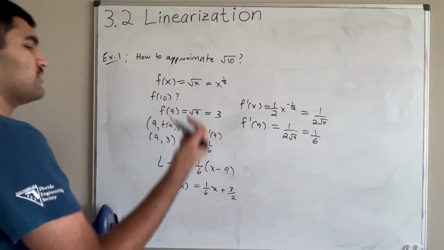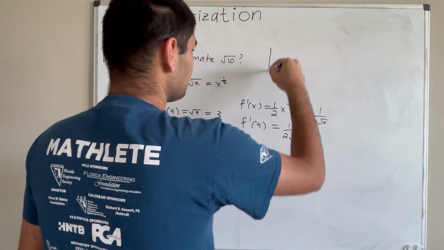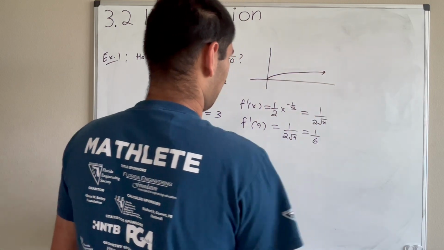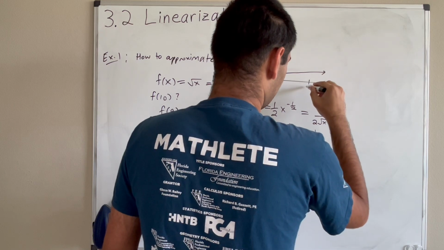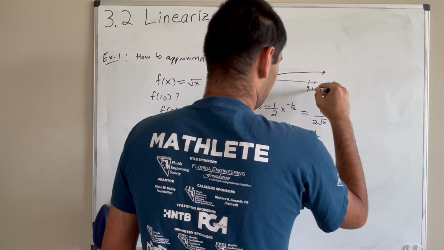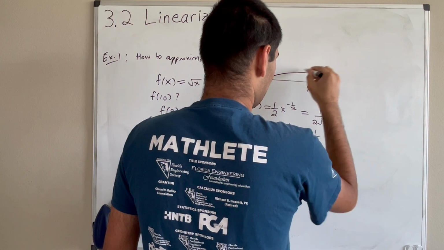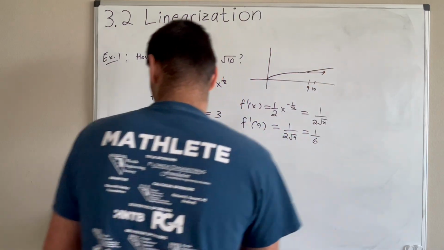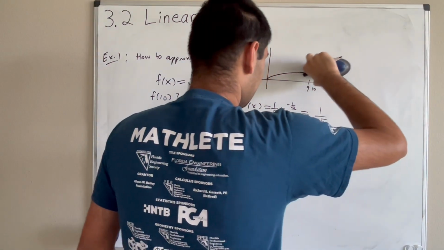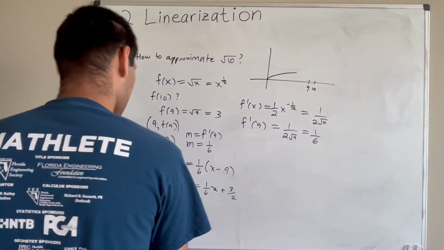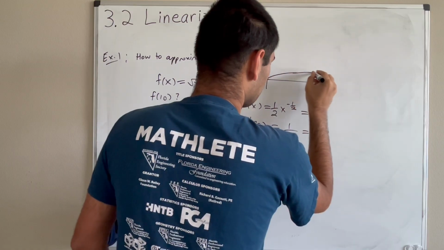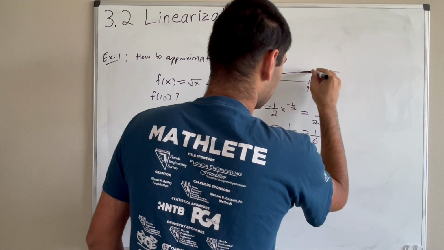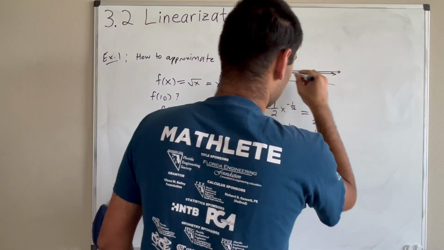If we try to draw a graph of this, square root of x looks something like that. Let's say x equals 9 is right here, and this is 10. Right here, if you draw the tangent line, it would be more or less something like that.